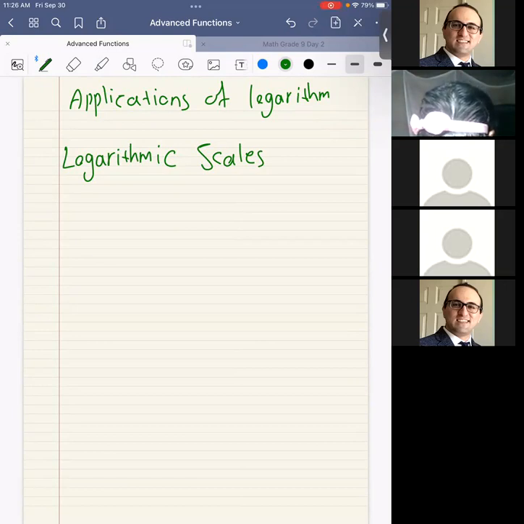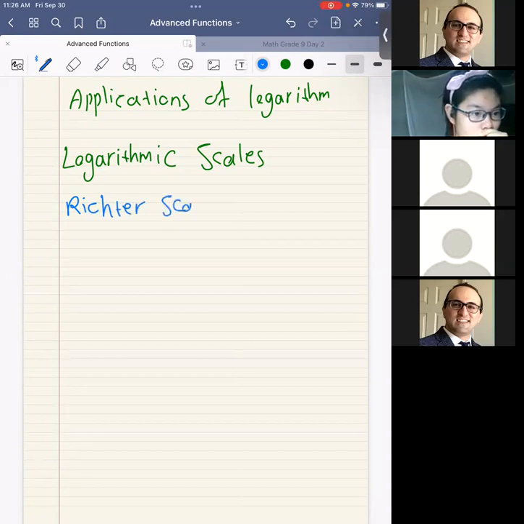So for example, for earthquakes, there is a scale called the Richter scale, named after an American scientist whose name was Richter.